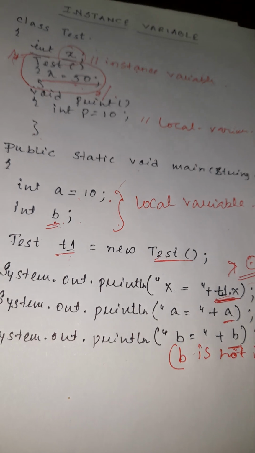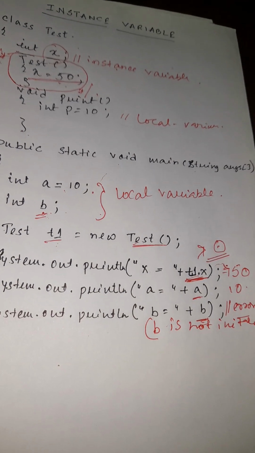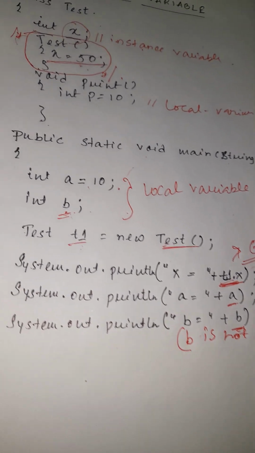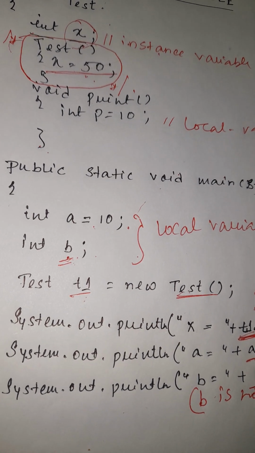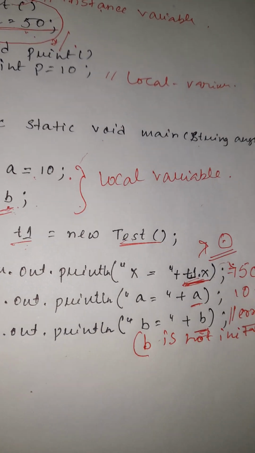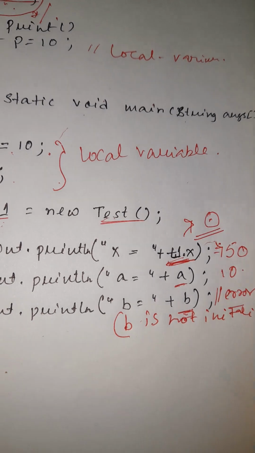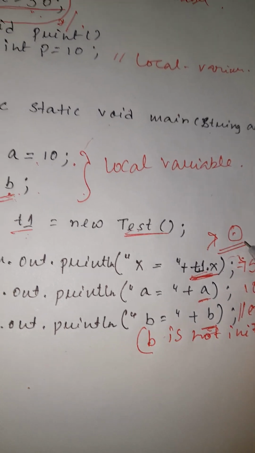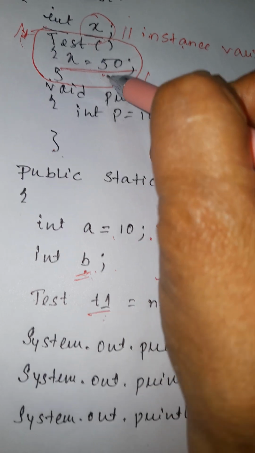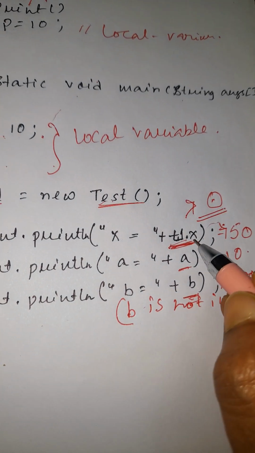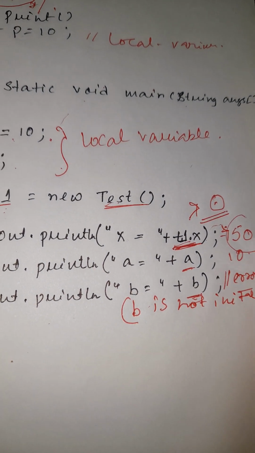The default value of the primitive data type integer is 0. So here my constructor is not there. If the constructor is not there, it means x is not initialized. If at that time you print your x value, the output will be 0. And if you initialize the value using the constructor, then if you print t1.x, the output will be 50.